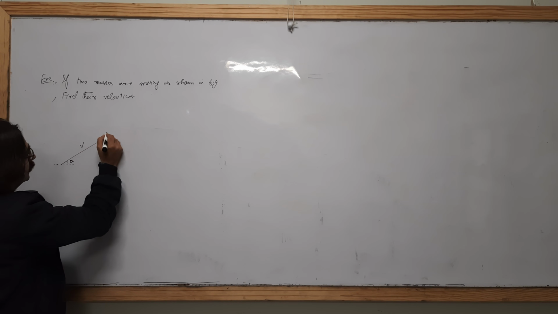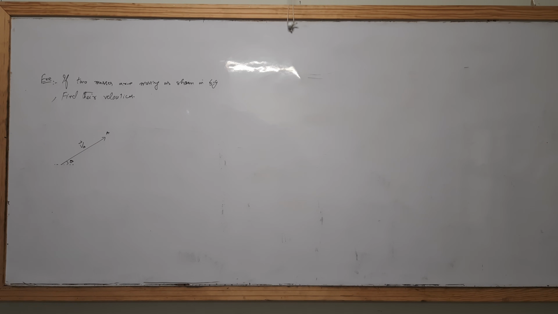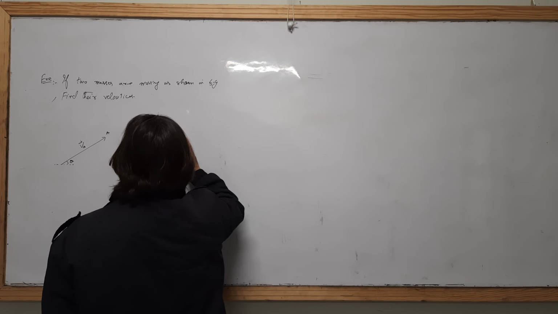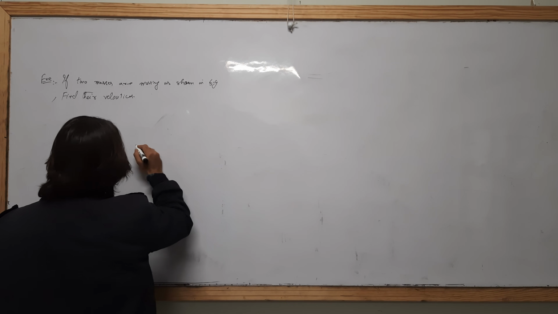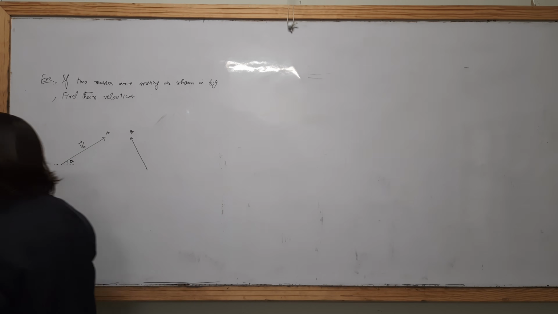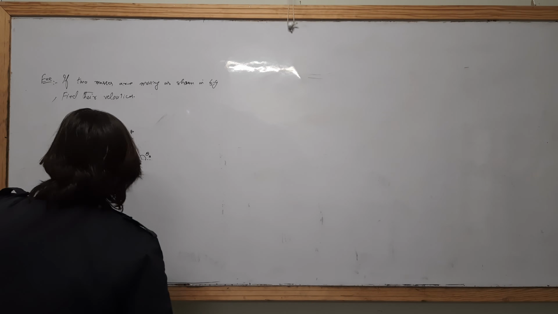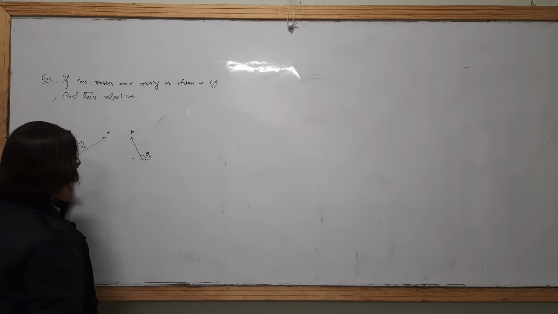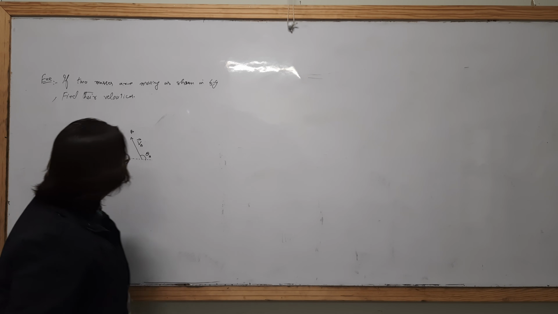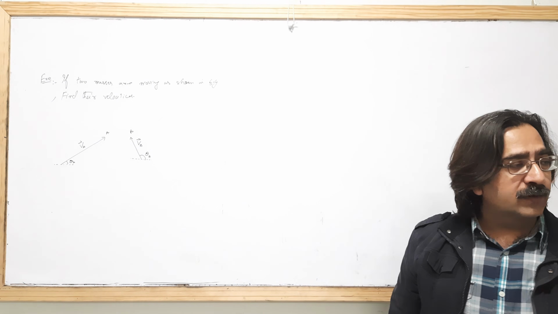If something is moving at this angle, making it theta, with velocity a, and let's suppose the other particle is b. If a is moving with velocity a and making angle theta A, and b is moving with the velocity b and making angle theta B.